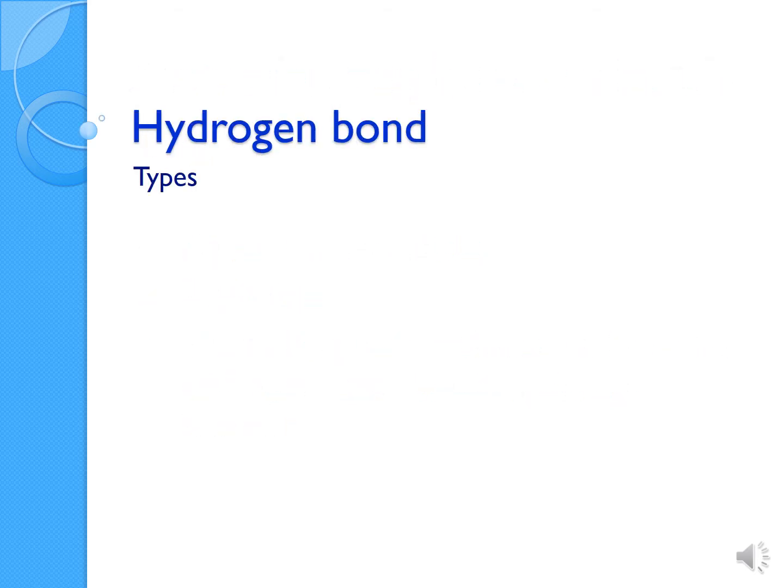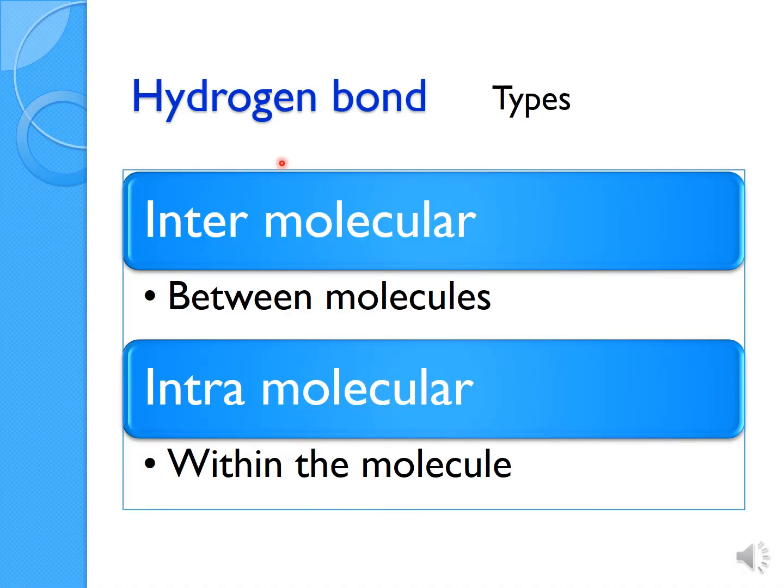Now let's see the different types of hydrogen bonds. There are two types of hydrogen bonds. The first one is intermolecular hydrogen bond and the second one is intramolecular hydrogen bond. Intermolecular hydrogen bond occurs between molecules, whereas intramolecular hydrogen bond is formed within the molecule.